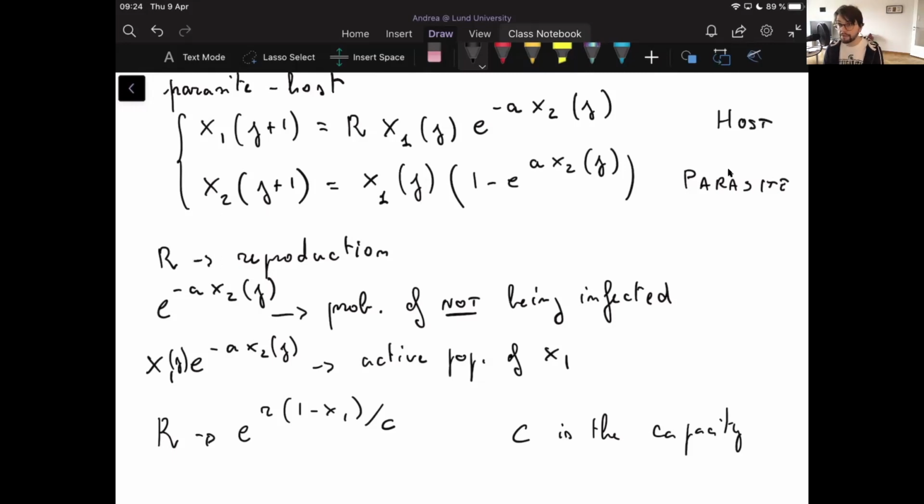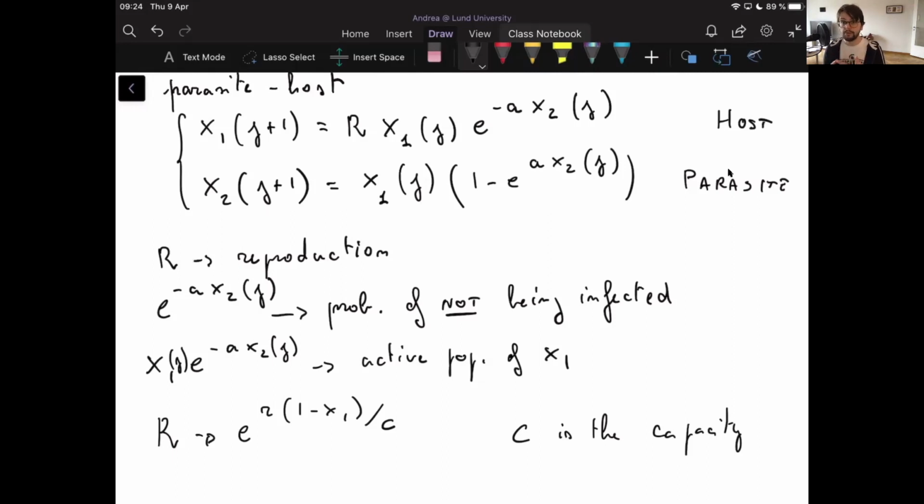So you can have a phenotype which is more affected by parasites and a phenotype that is less affected by parasites, and by doing sexual reproduction instead of this type of naive reproduction, you admit the fact that the progeny will take some phenotypical characters from the mother and some others from the father.